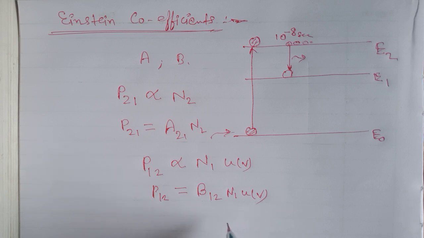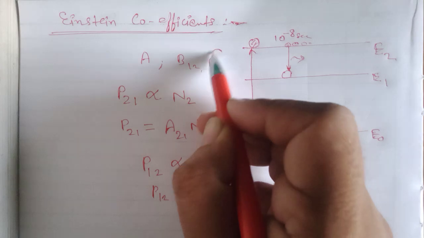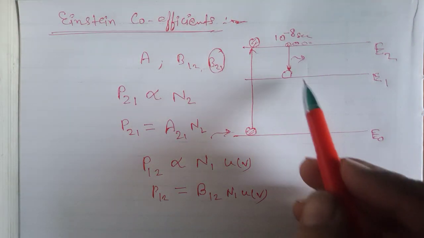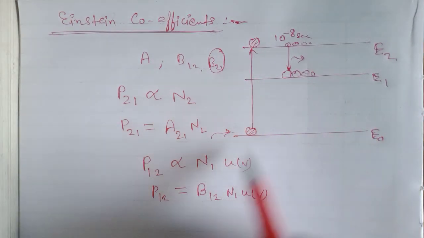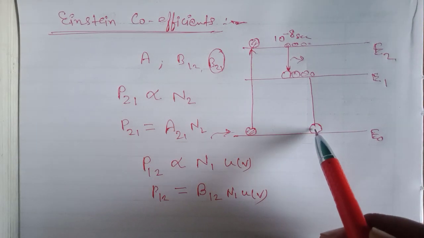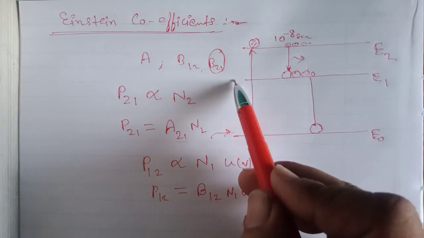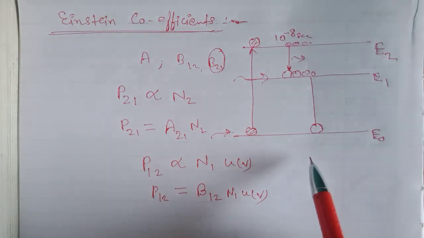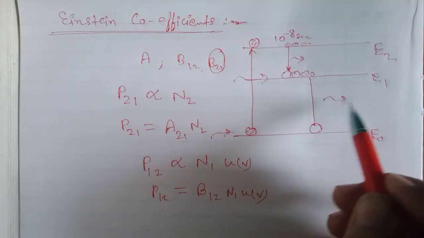This is B12, and what about B21? B21 is the Einstein's coefficient of stimulated emission. Suppose there is the metastable state E1, and when the photon is incident on this metastable state, then it jumps from the metastable state to the ground state, emitting some photons.